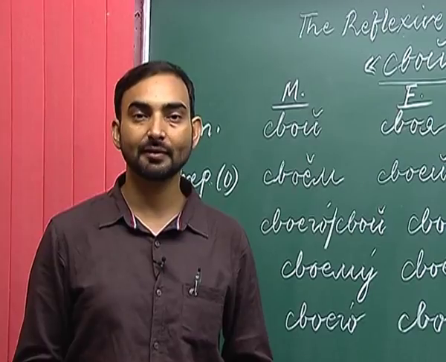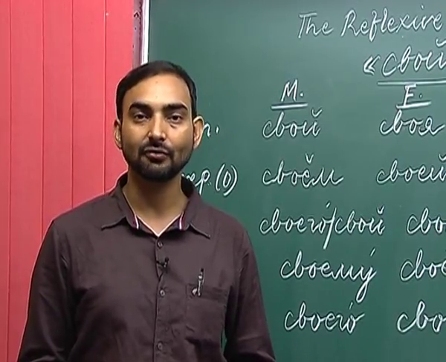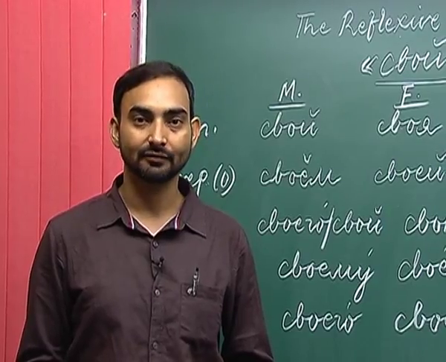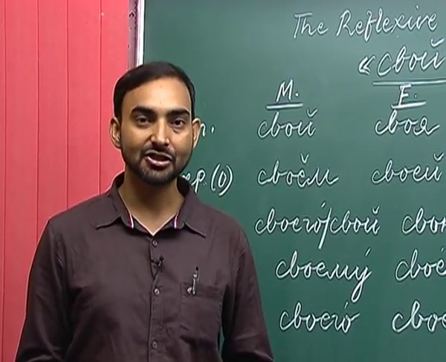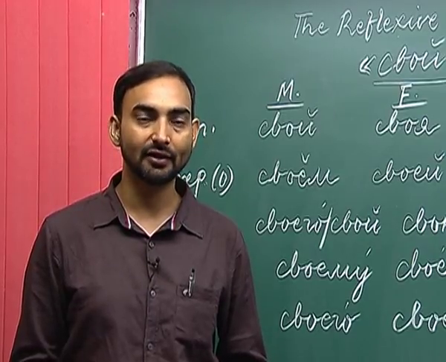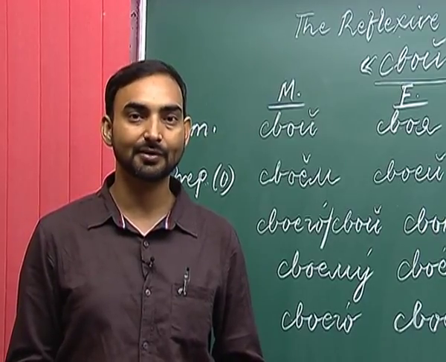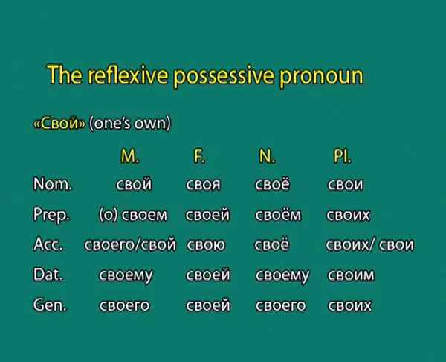The reflexive possessive pronoun свой declines in the various cases as the possessive pronouns мой and твой. So the changes that we have done with мой and твой, the same changes will apply with the reflexive possessive pronoun свой. I have written the cases that we have covered so far and the masculine, feminine, neuter and plural forms of the reflexive possessive pronoun свой.